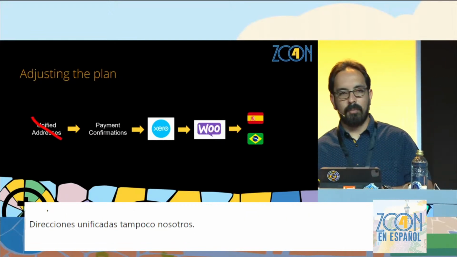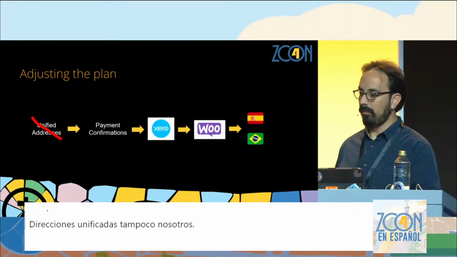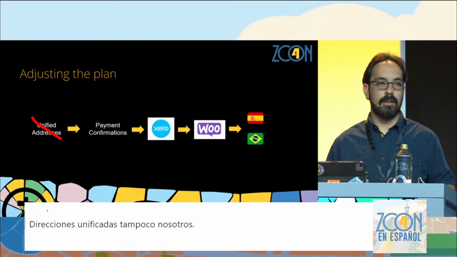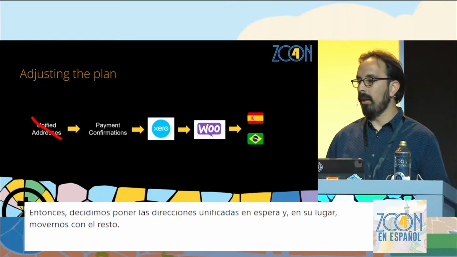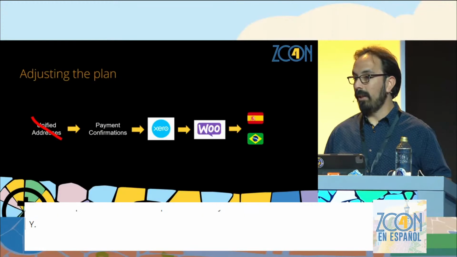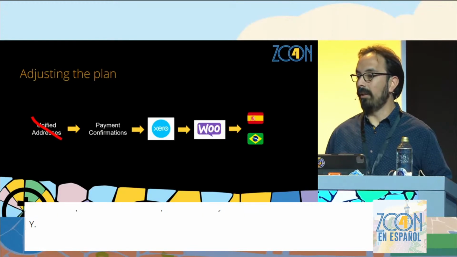So we decided to put unified addresses on hold and instead move forward with the rest of our plan using the Sapling pool. And at this point, then it became about delivering that plan.